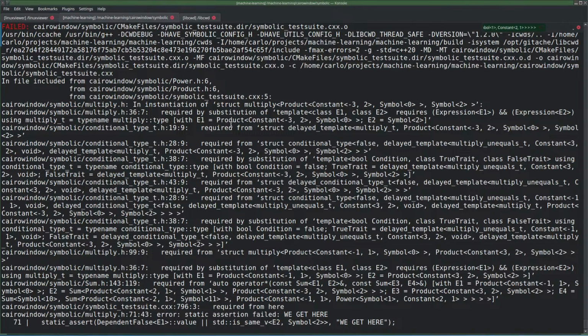No, sorry, it's a product of 3 minus 3 halves times symbol 0 with symbol 2. So why is that static asserting then? In instantiation of multiply of a product with a non-product, correct, but the non-product is symbol 2.